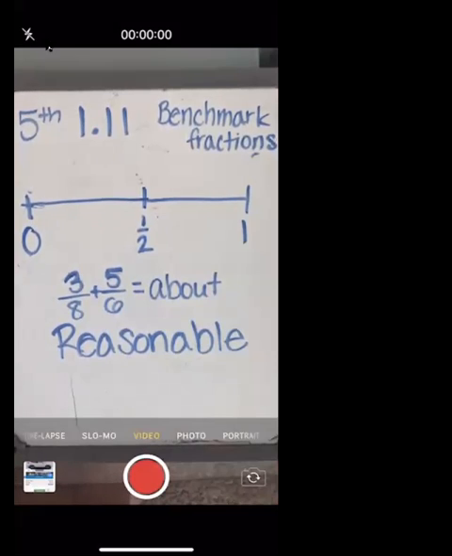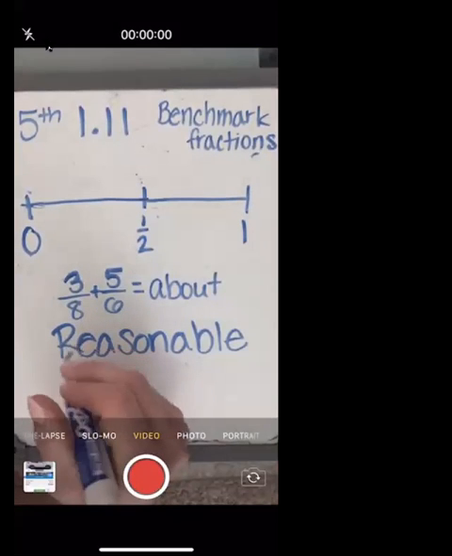So if I'm like, hey, do you guys think $1.5 million is a reasonable price for a car? What would you say? No, it's not. No, definitely not reasonable. If I said, do you guys think $15,000 is a reasonable price for a car? What would you say? I guess so, yeah. So reasonable is, is it okay?